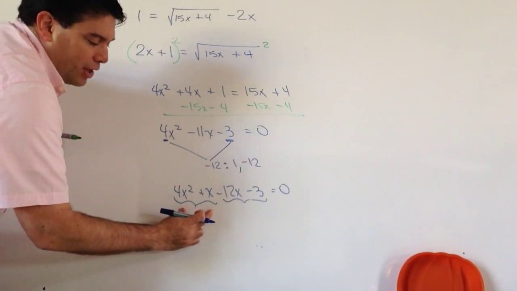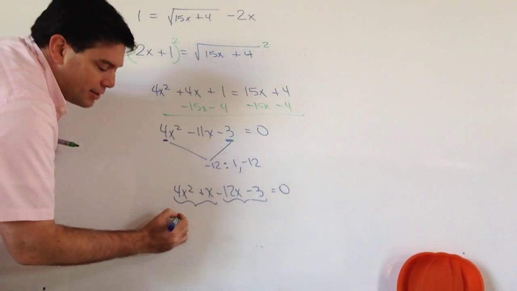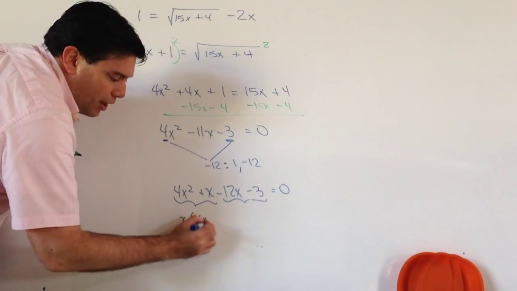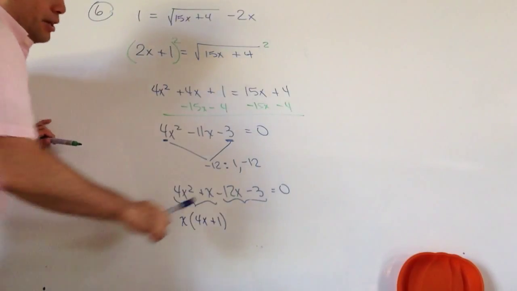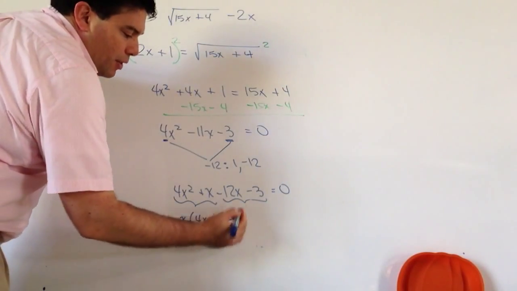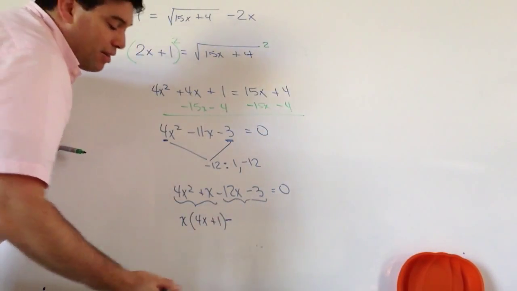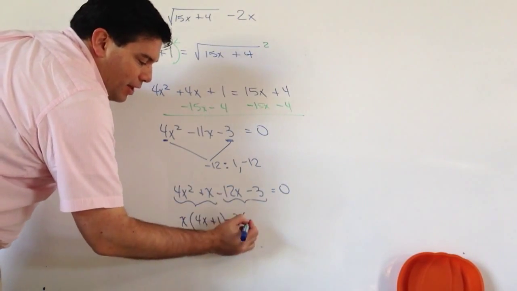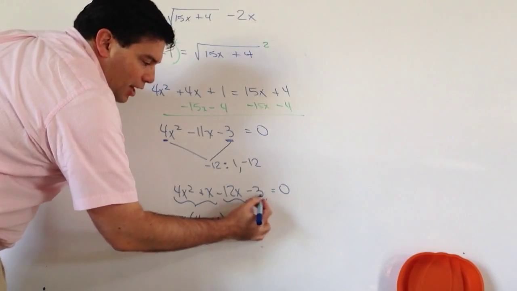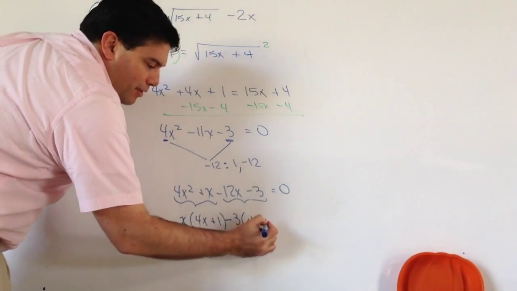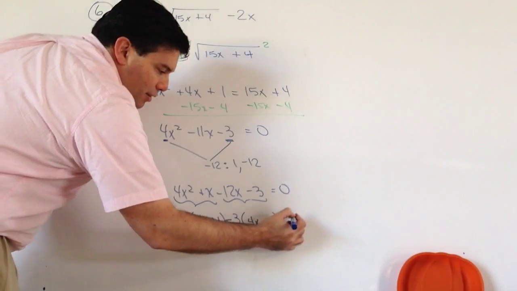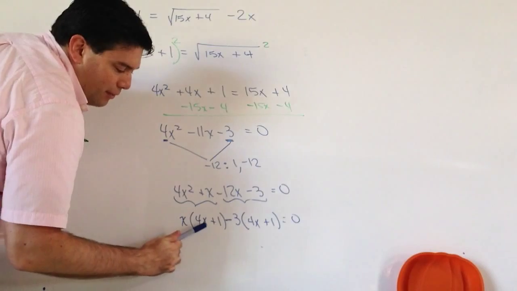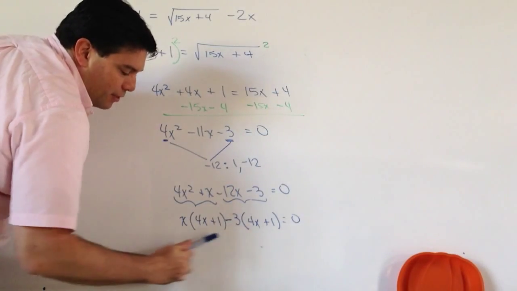What do these two have in common? Well, the x. That is x times 4x plus 1. Minus, what do these two have in common? They have a 3. So negative 12x divided by negative 3 is 4x. And negative 3 divided by negative 3 is positive 1. And that equals 0. So both x and negative 3 are multiplying 4x plus 1.